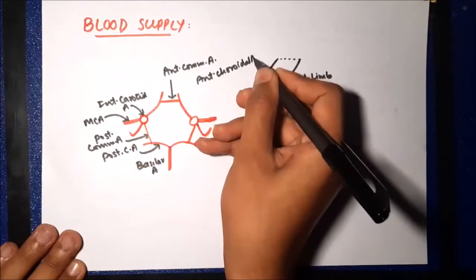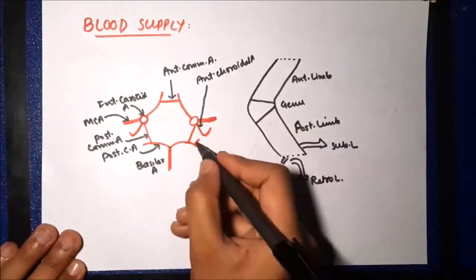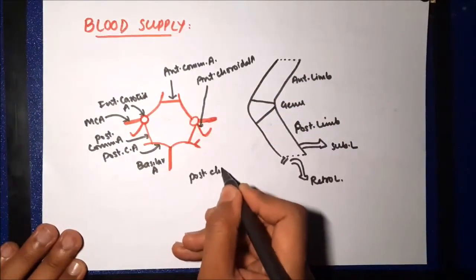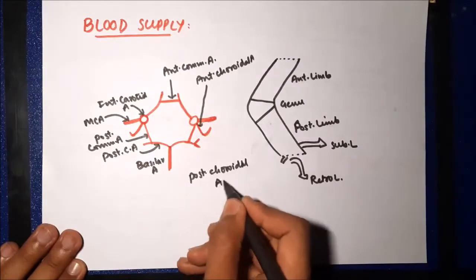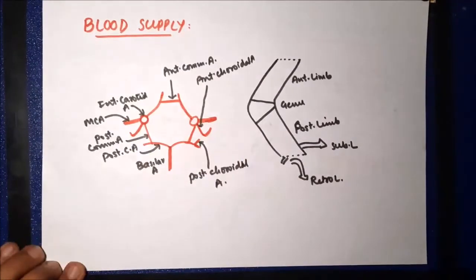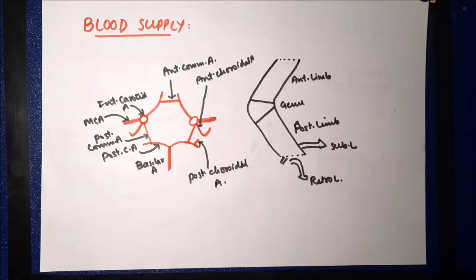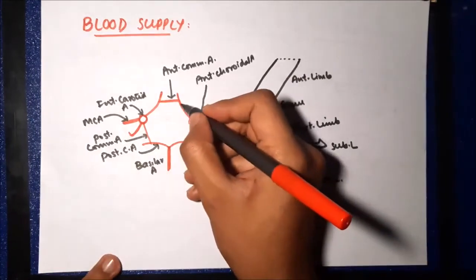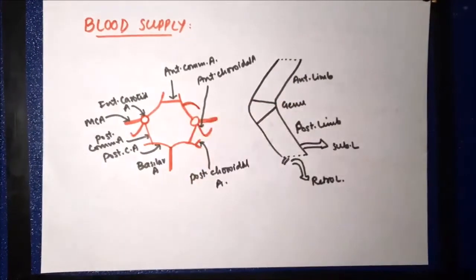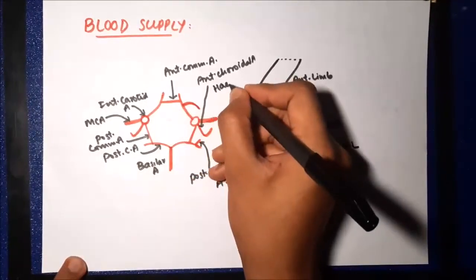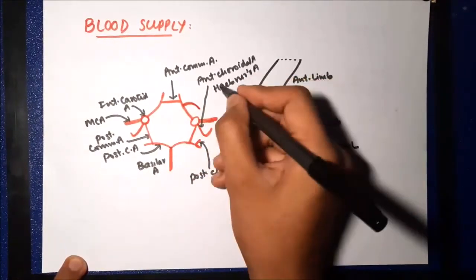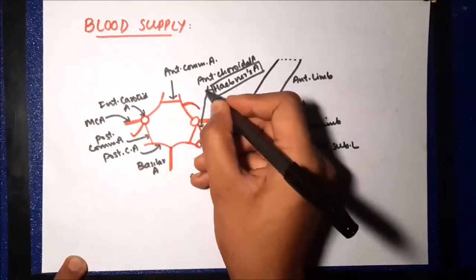This artery here is the anterior choroidal artery, a branch of the internal carotid artery. And this is the posterior choroidal artery, a branch of the posterior cerebral artery. Now, the anterior cerebral artery gives a branch, the recurrent branch of the anterior cerebral artery, called Heubner's artery.